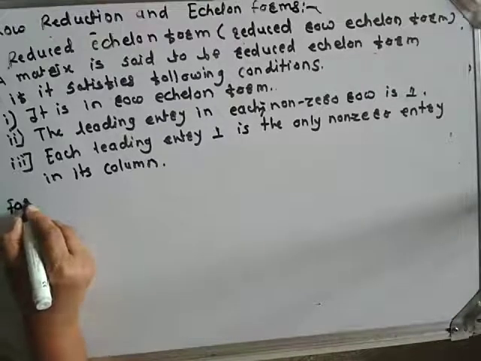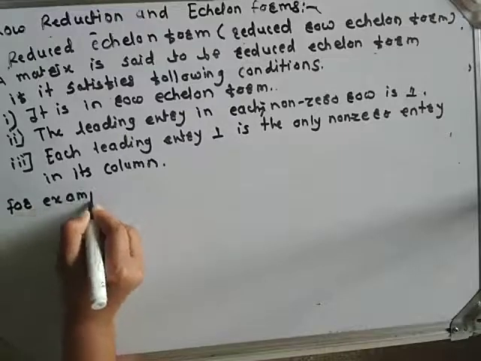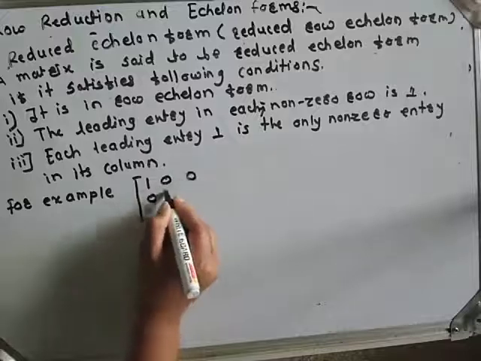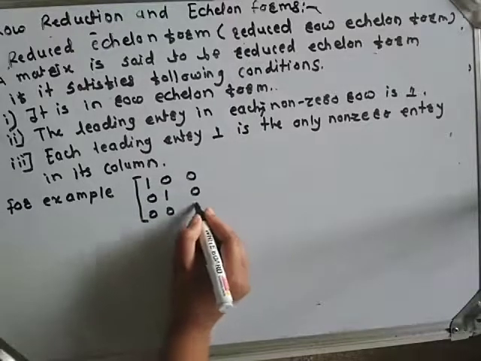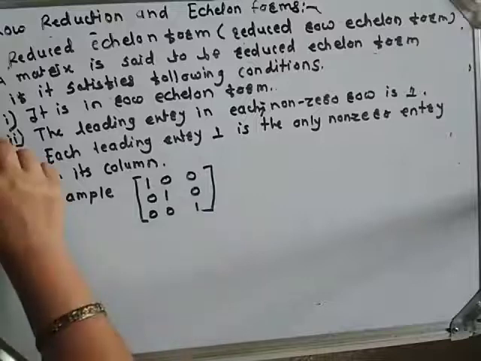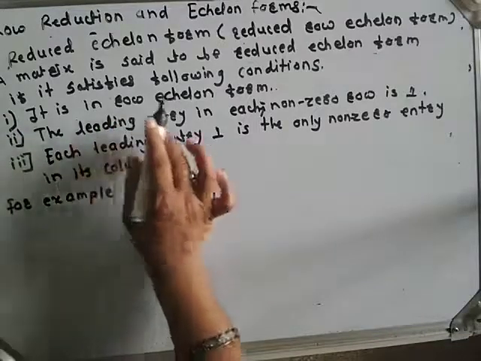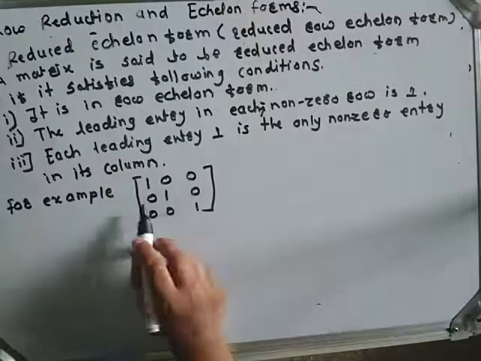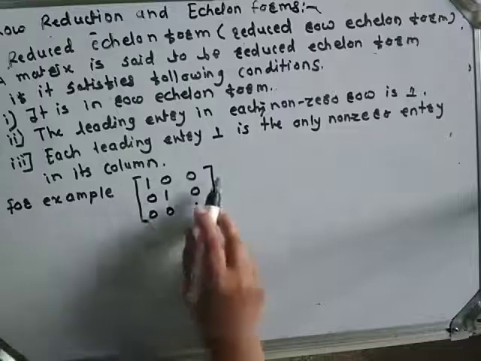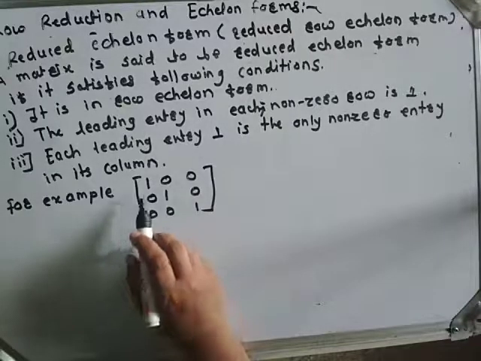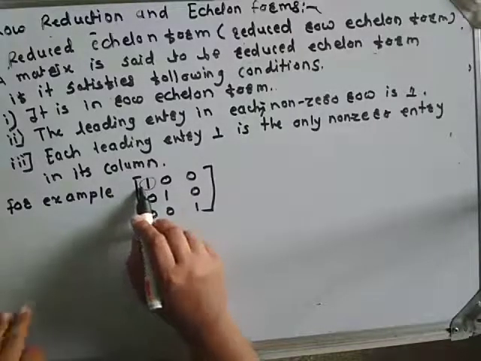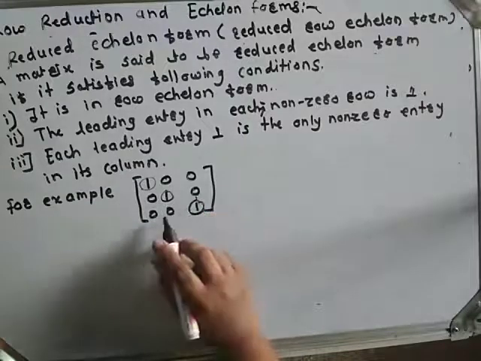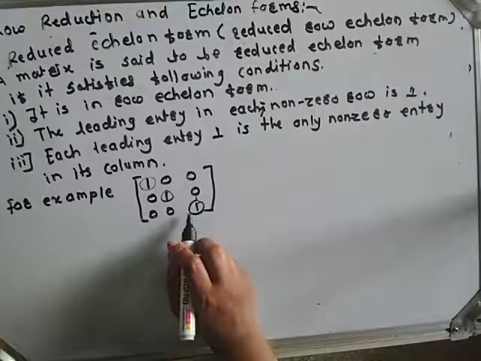For example, matrix 1 0 0, 0 1 0, 0 0 1. What is the first condition? First condition is it is in row echelon form. Observe here, this matrix is in echelon form because this one is the leading entry for the first row, this one is the leading entry for the second row, and this one is the leading entry for the third row.